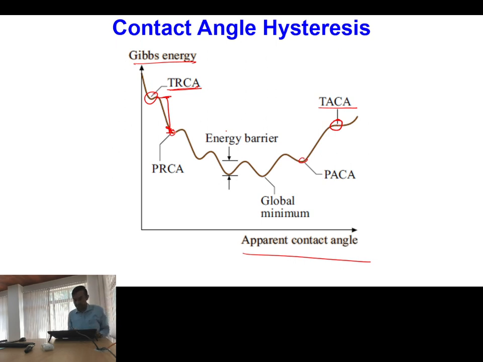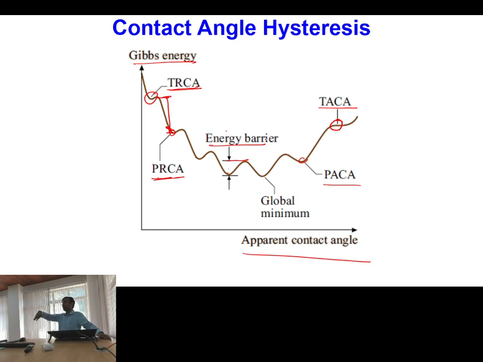The situation where it rests is called the practical receding contact angle and practical advancing contact angle. In between these multiple minima, whatever barrier you have is simply called the energy barrier.